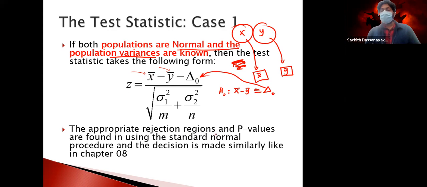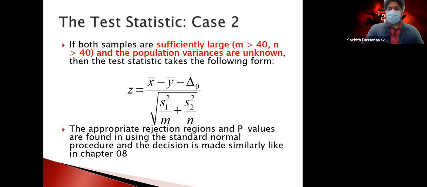For the appropriate rejection region, you can use the p-value approach or the critical value approach, how we did in chapter 8. Clear? Okay, case 2. We don't know the population, but we have large enough samples, which means m greater than 40 and n greater than 40.